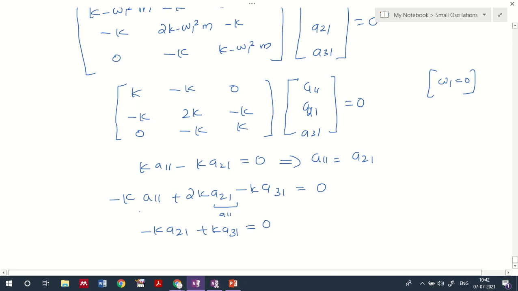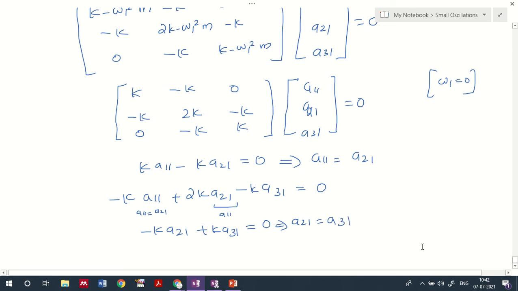I have just substituted a11 equal to a21 here. So one term of k a21 will go. So we can represent it as minus k a21 plus k a31, I have just interchanged the negative sign. Okay. So minus k a21 plus k a31 equal to 0, or rather, from this equation we'll get a21 equal to a31.